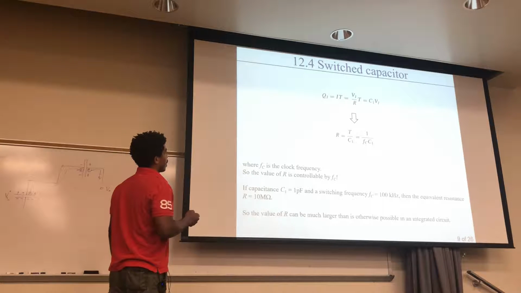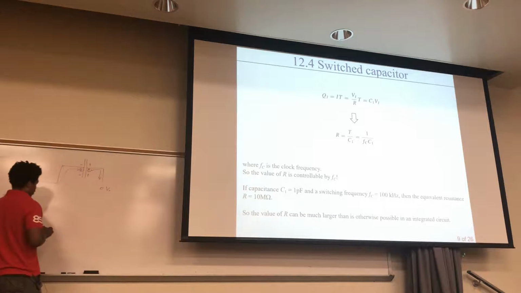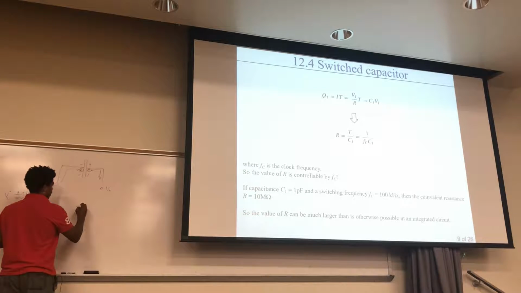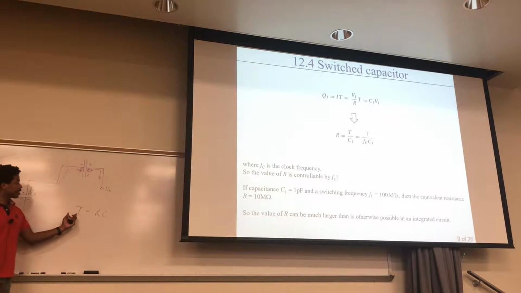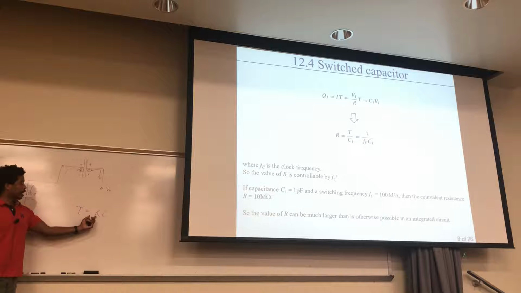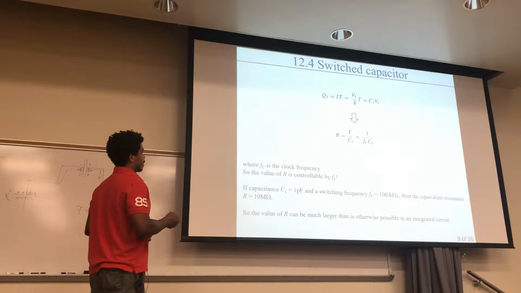So solving for R, you could think of it as T over C, and that sort of makes sense, right? Because we already know the relationship between time and ohms and farads. So we already know that time constant, tau, which is in seconds, is the same thing as ohms and farads. So unit-wise, this makes sense.